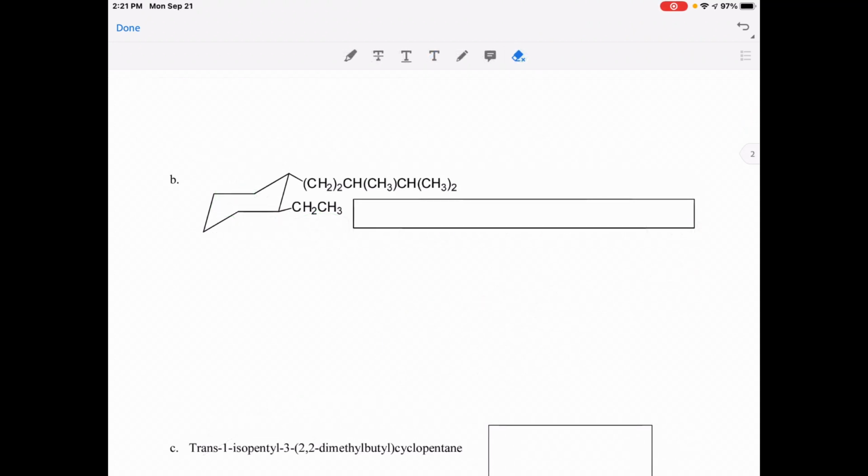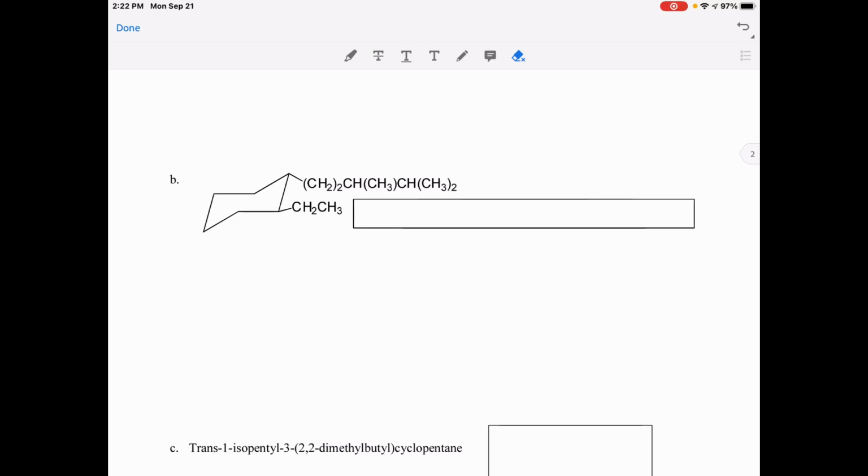For part B, we are given a molecule that has a cyclohexane ring and a few other potential substituents. We're asked to give the IUPAC systematic name for that compound. It's tempting to jump right in and say that the cyclohexane ring is the parent or the main chain part of this compound, but let's make sure that this isn't actually the case.